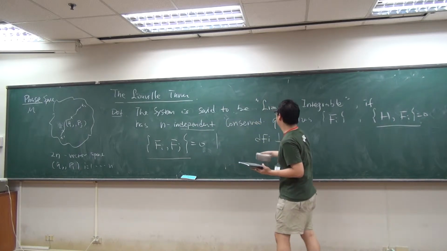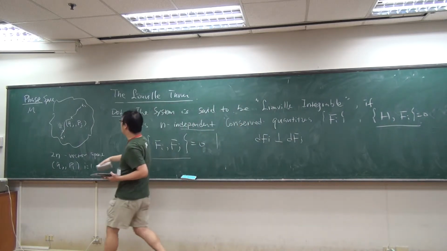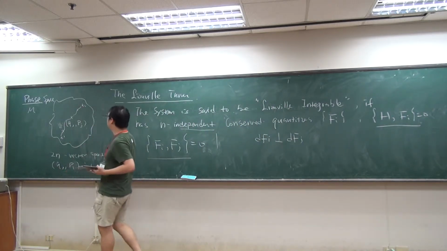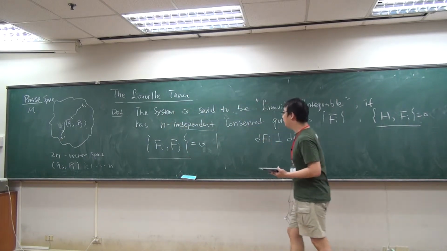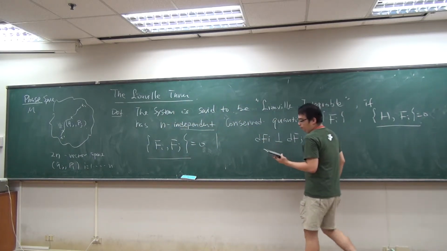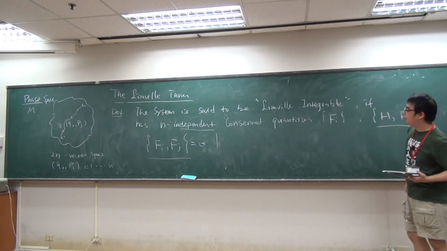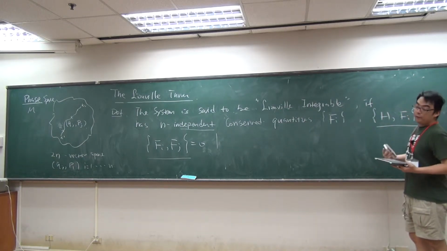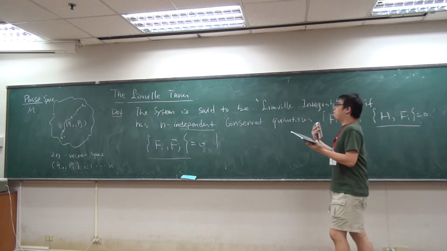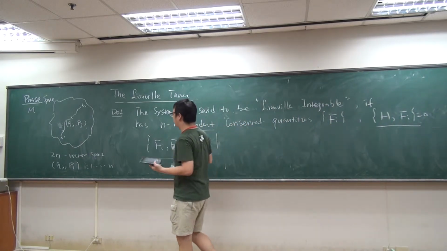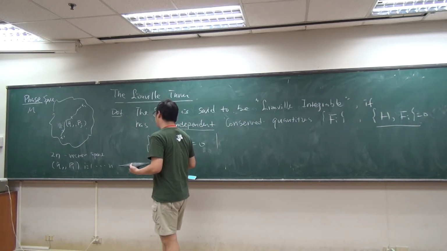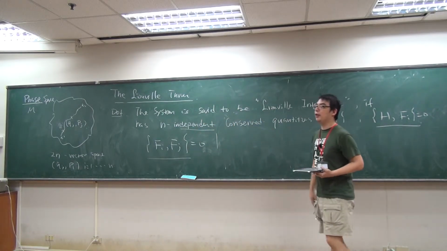Basically they allow us to define a vector space at every given point in your phase space. Or, if you write it out in coordinates, their partial derivatives are not linearly dependent on each other.